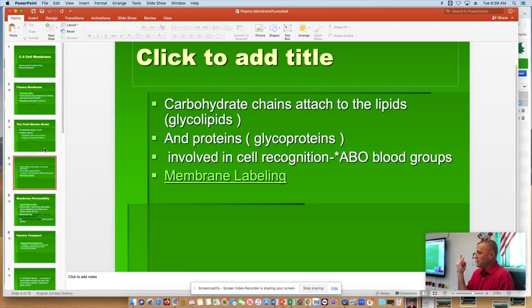What type of blood would I have if both are on my red cells? I would be type AB. What if I don't have either of them? Then I'm type O. If I just have this one, I'm type A, and if I just have this one, I'm type B, right?